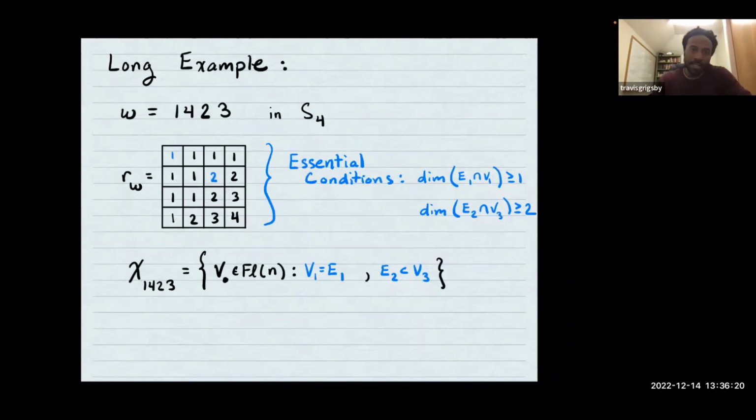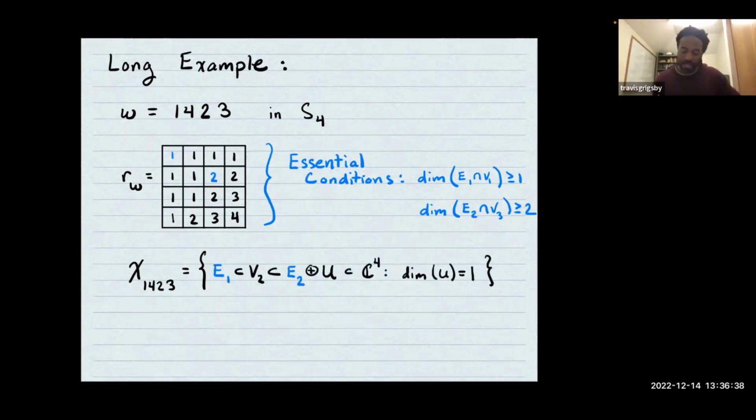So here is the permutation 1 4 2 3. We saw how to write the rank matrix. We saw how to find the essential conditions. And so there's a description of the Schubert variety for 1 4 2 3. And you can write it more nicely as E1, explicitly showing that E1 has to be the first component.